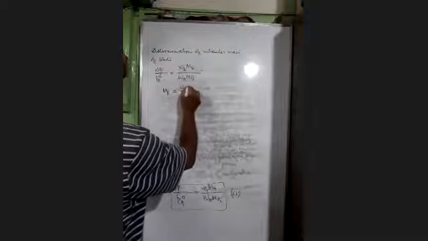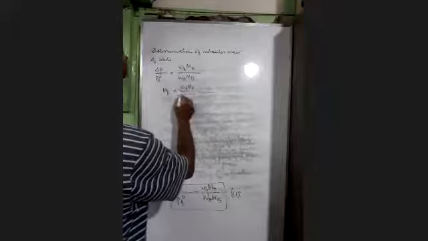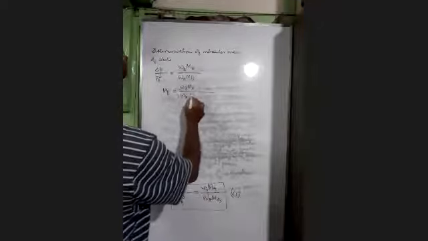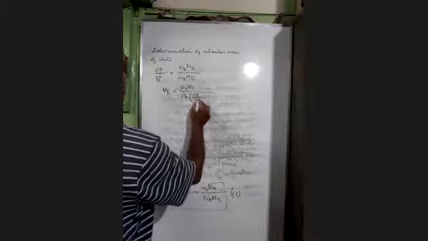So I'll just go for cross multiplication. I'll write here now. MB is equal to WB MA divided by WA delta P by PA0. That's all.